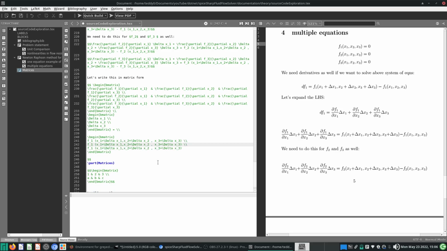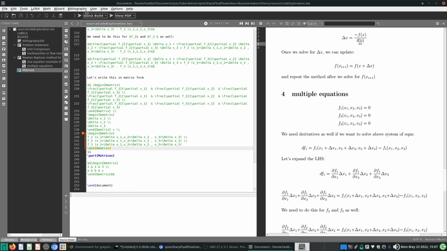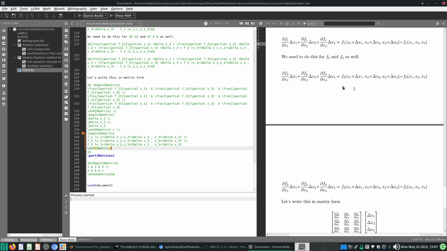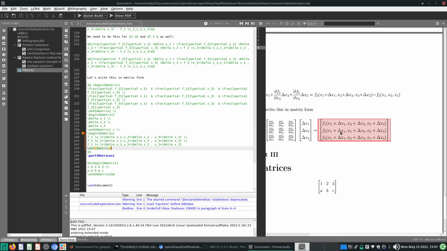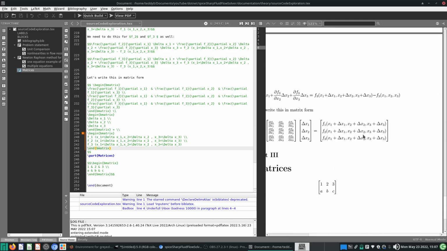So F1, F2, and F3. So this matrix actually represents these three terms right here, 1, 2, and 3. These are represented by this matrix right here.